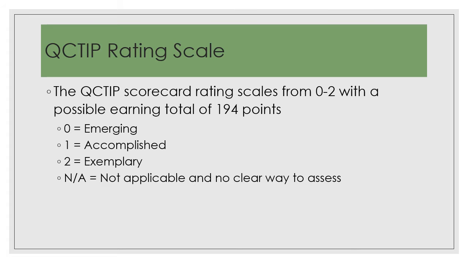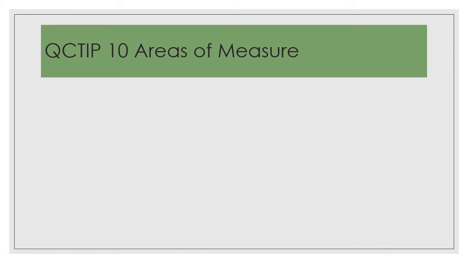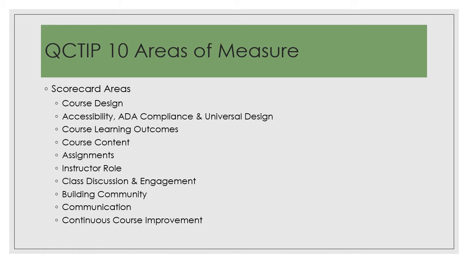The QTIP scorecard rating is 0 to 2 with a possible earning total of 194 points. 0 is emerging, 1 is accomplished, 2 is exemplary, and A is not applicable and no clear way to assess.